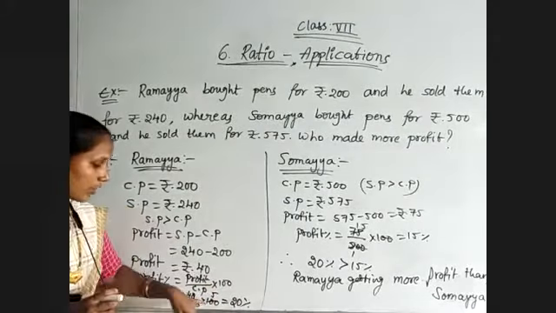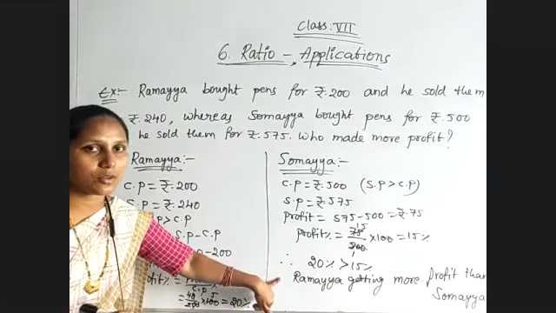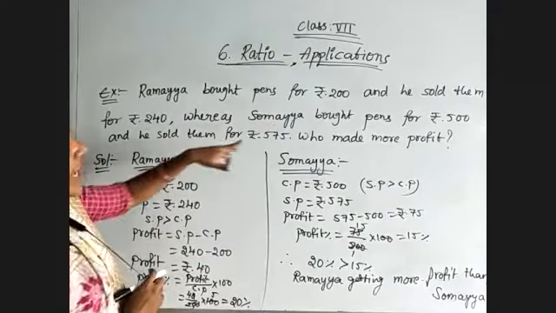Okay, 20 rupees he is getting for 100 rupees, 15 rupees he is getting for 100 rupees. 100 rupees is an equal amount. Here 200 and 500 are different amounts.